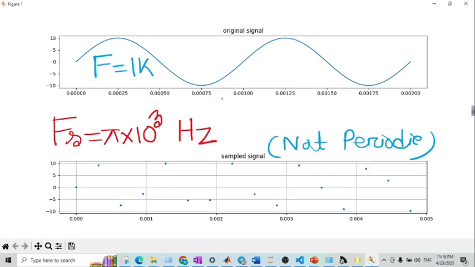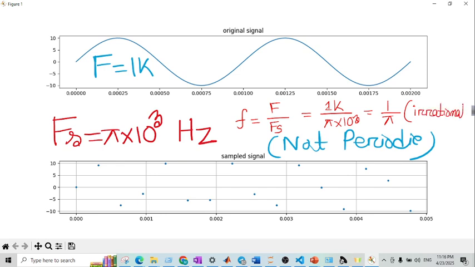But here, capital F, the analog frequency, is 1k, and Fs is equal to pi into 10 to the power 3. That means f is 1 divided by pi, and you can see that small f is an irrational number, and that's why the signal is not periodic.